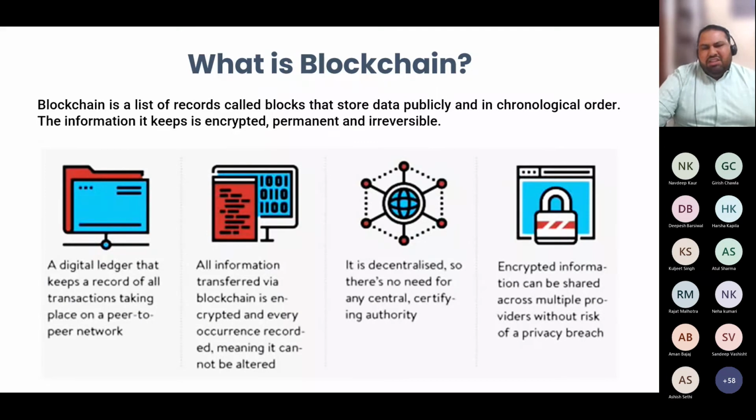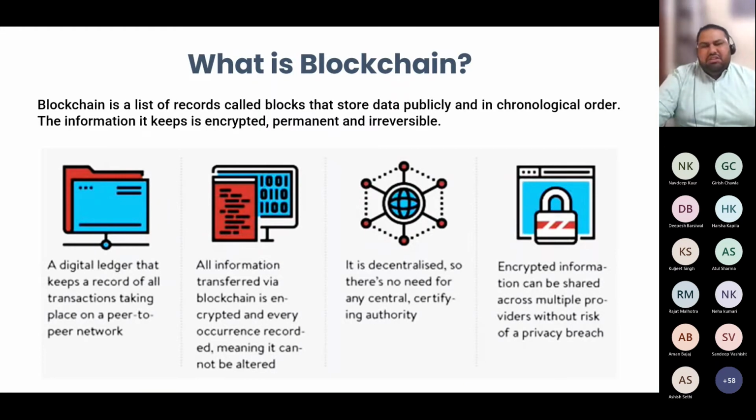All the information transferred via blockchain is transferred in encrypted form, and every record that has passed through blockchain cannot be altered. That's why it's mentioned that it's irreversible. We cannot alter any information that has once been transmitted.